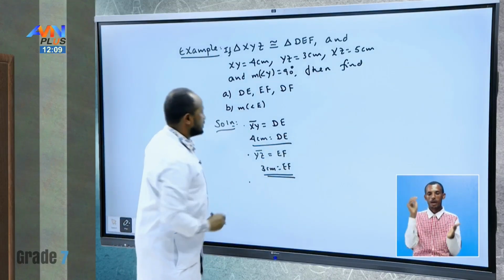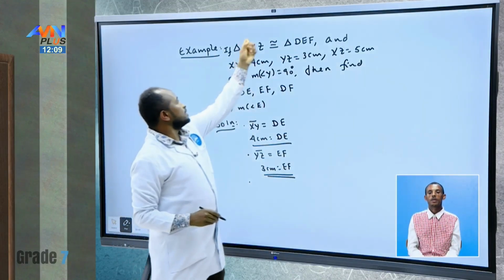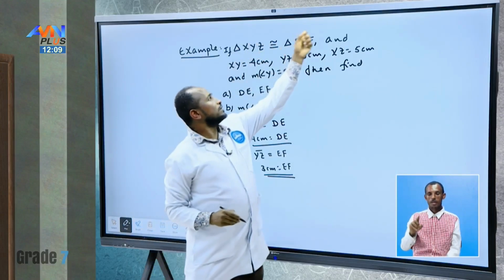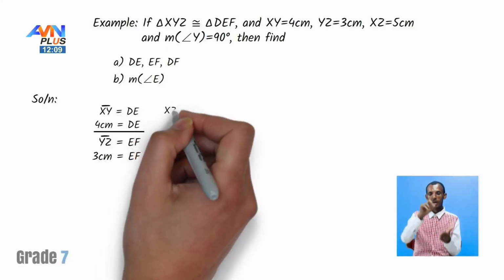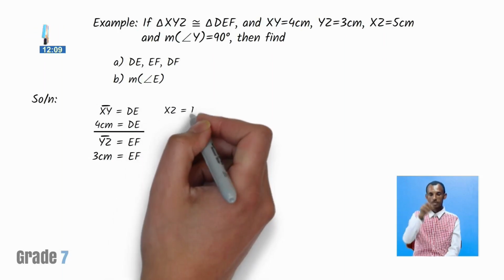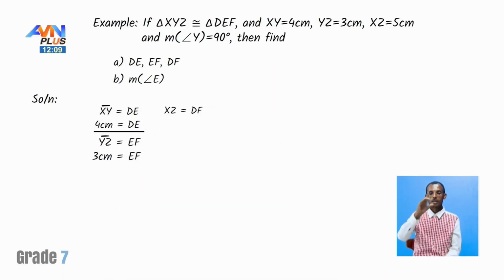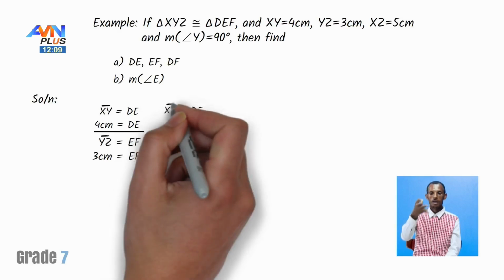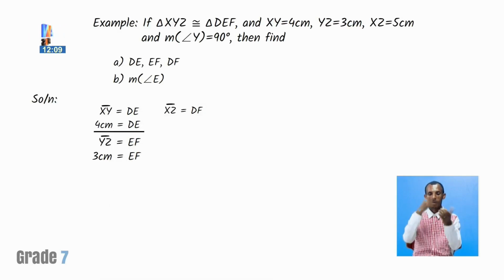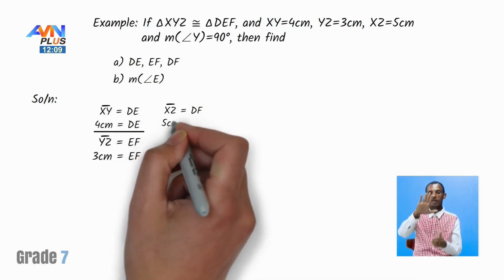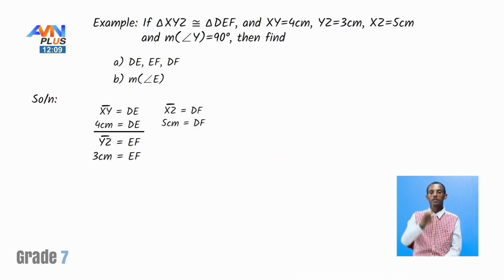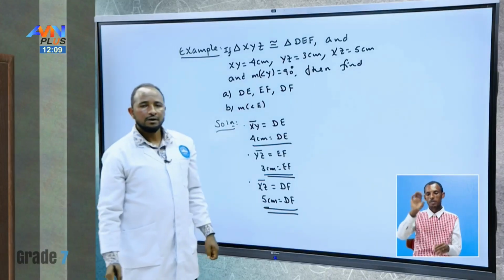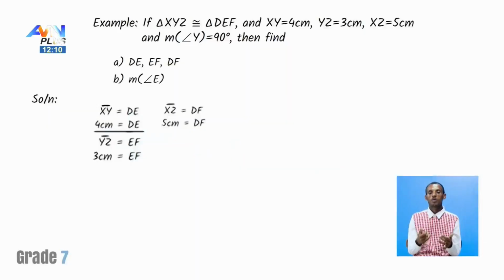Again, here, XZ is congruent to DF. Therefore, the length XZ is equal to the length DF. XZ is 5 centimeter, so DF is also 5 centimeter. Now, one more question here.